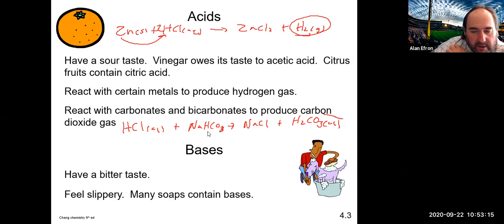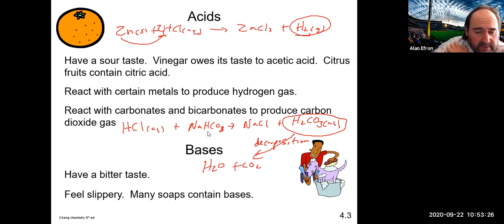As you may be aware, this is a double displacement reaction followed by a decomposition reaction, where the carbonic acid breaks apart into H2O and the CO2 gas that gets generated. So that's a very common reaction that takes place.